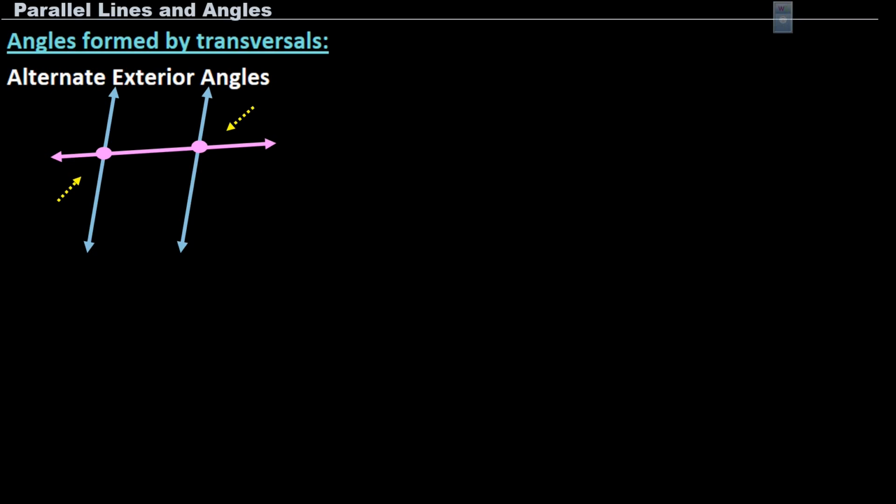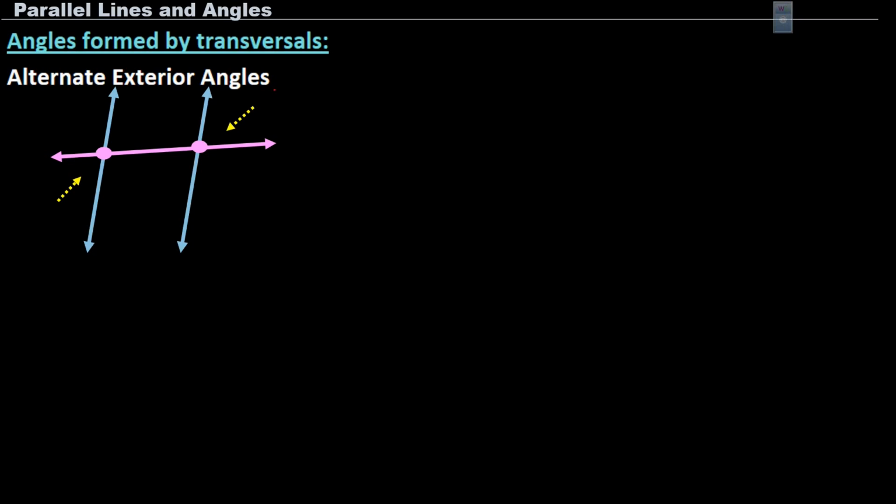They're alternating. The reason that they're called exterior is because if we consider the parallel lines to be kind of barriers, this would be the inside, this would be the outside. So these angles are on the outside of the parallel lines, and they're on opposite sides of the transversal itself.